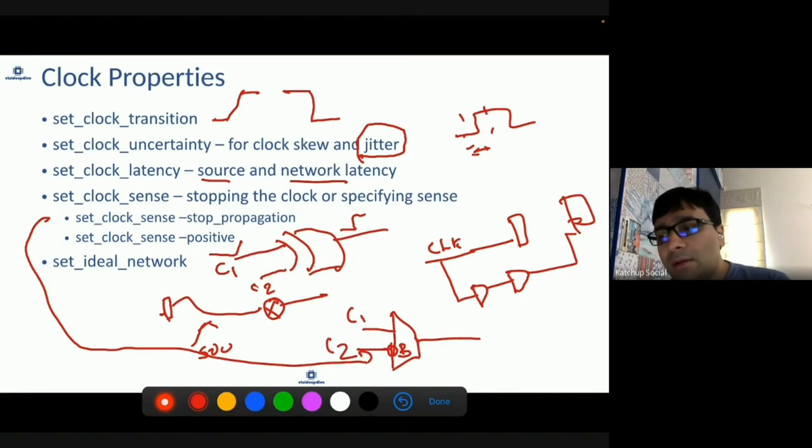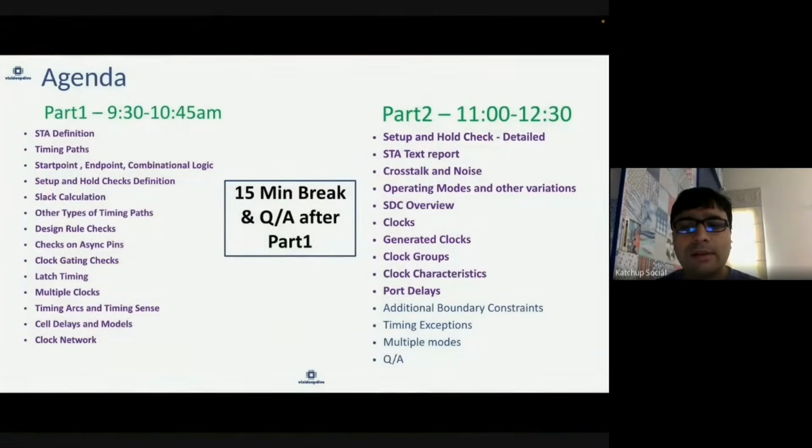So you can tell the tool that here the sense is positive unate or negative unate with respect to the input. When the input is going to rise, the output is also going to rise. That means it's positive unate. You can specify using set clock sense positive. Or when the input is going to rise and the output is going to fall, you can tell by the negative option using the set clock sense command. Let's understand the next topic, port delays and boundary constraints.